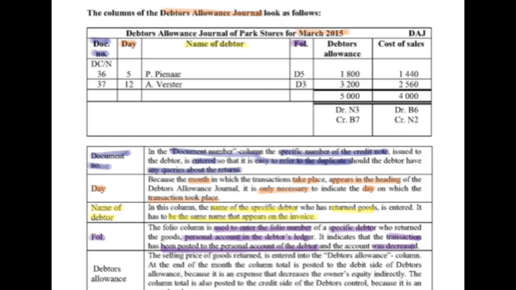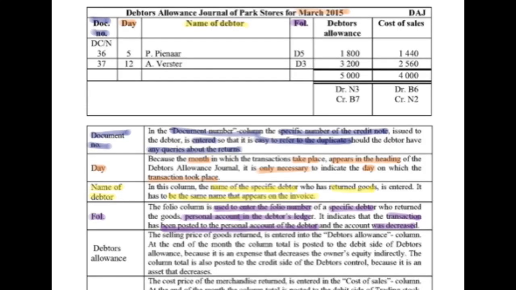So my income account is now replaced by an expense account called debtors allowances. So debtors allowances, the column, that is the selling price of the goods that is returned. And it's entered into the debtors allowances column. So at the end of the month, this column total is posted to the debit side of debtors allowances, because it's an expense that decreases the owner's equity.